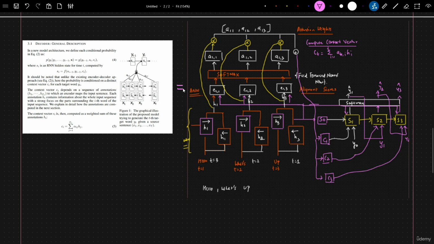And with the help of this, we were able to provide additional context to the decoders. And then these decoders were able to do the prediction, and the problem with respect to long sentences, the problem of accuracy that we were facing, started improving, right? Because of this research paper.